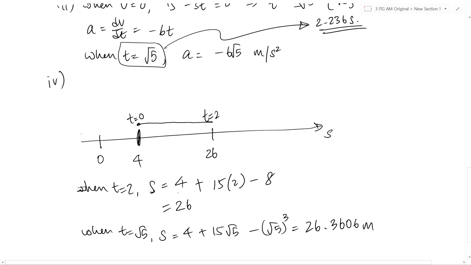This is what you all calculate. I hope you all are correct. So 26.3606 is slightly to the right of this 26 over here. This over here is time equals root 5. And what did he do here? U-turn. Change direction.